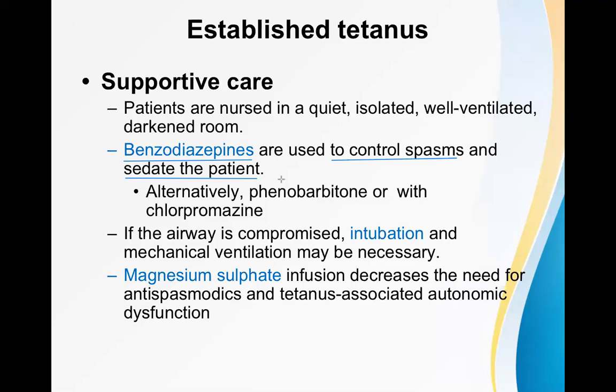Now there is one important adverse effect of benzodiazepine if we give it in overdose. What is that adverse effect? Respiratory depression. Exactly, respiratory depression. But you don't need to worry, because the patient is in hospital.